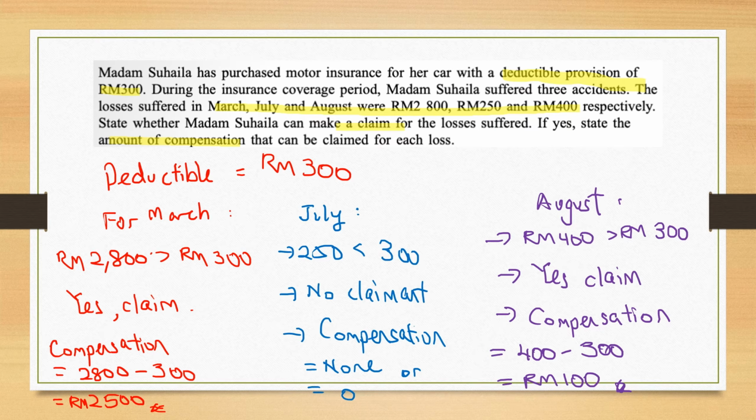There you go, and that's an example question of deductible value. Now let's move on to the final part, which is coinsurance.